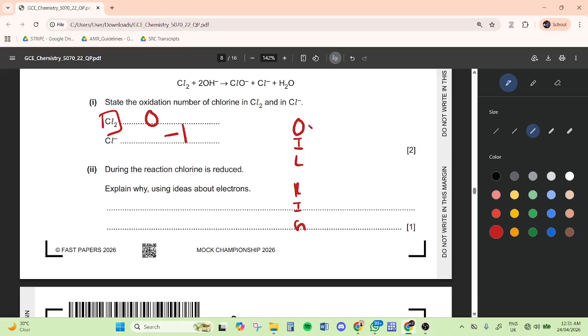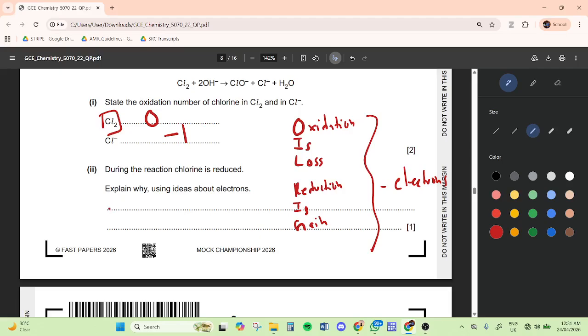Oxidation is loss, reduction is gain. This is all in terms of electrons. If you're talking about reduction, reduction means a gain in electrons.